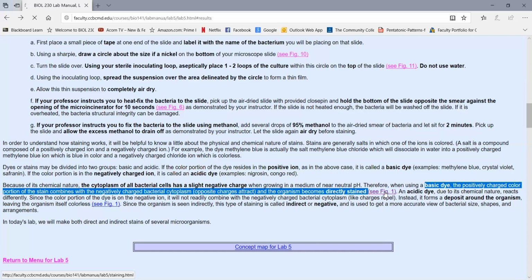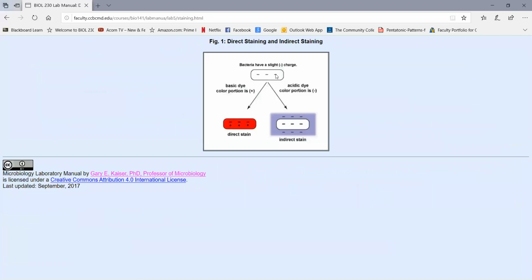Or as we see in figure 1 here, all bacteria have a slight negative charge. In a basic dye, the color portion is in the positive ion. So for example, in safranin, a red dye that we use, the color portion is in the positive ion, so the positive dye is attracted to the negative charge of the bacterium.